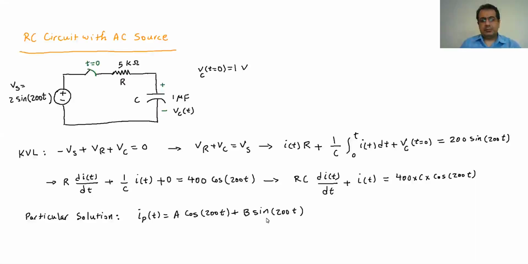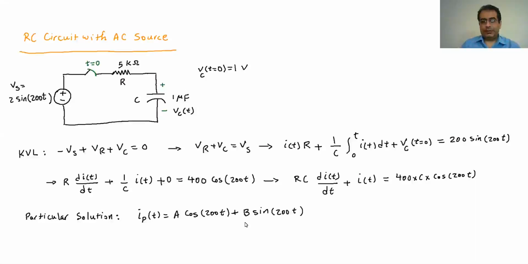As I said, this particular solution is given to us. This is the very first step that we have to define. And if you look at this, A and B are unknown, so we have to somehow find A and B.